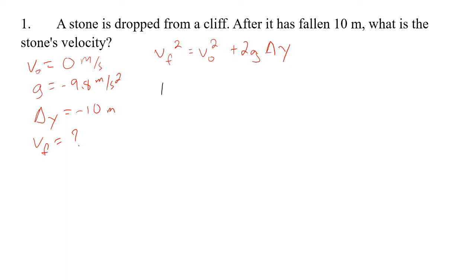So looking for our final velocity. 0 plus 2 times negative 9.8 times delta y, which is negative 10. You gotta take the square root of that. So VF is equal to 14.